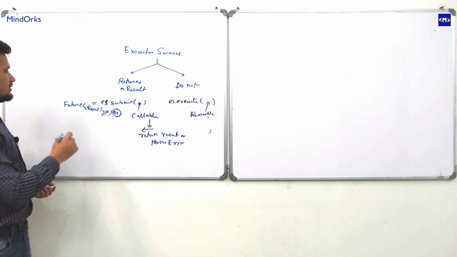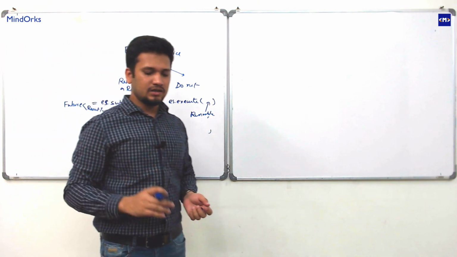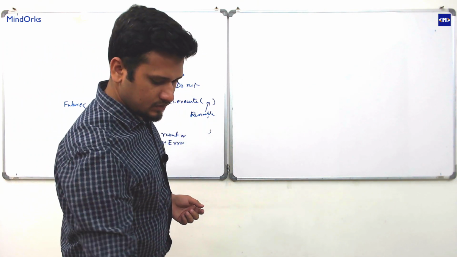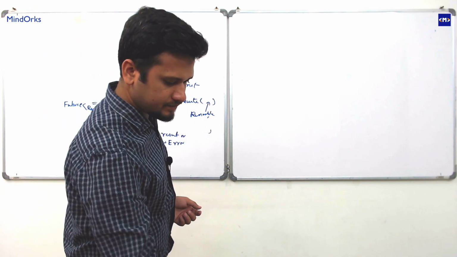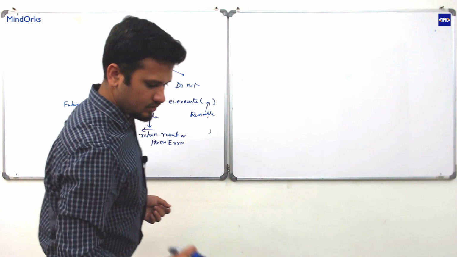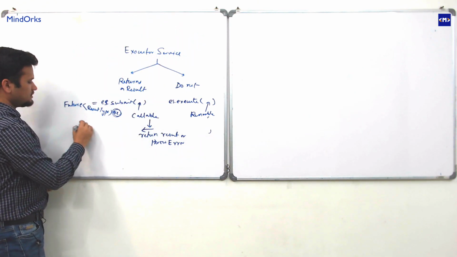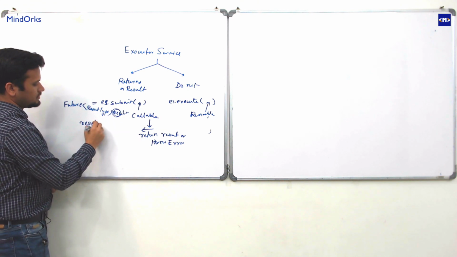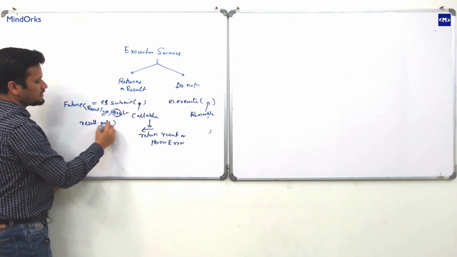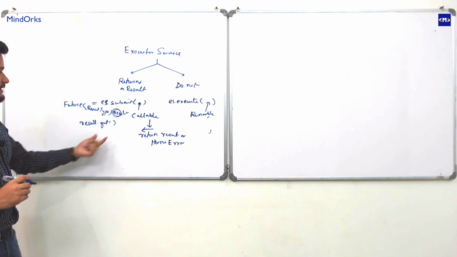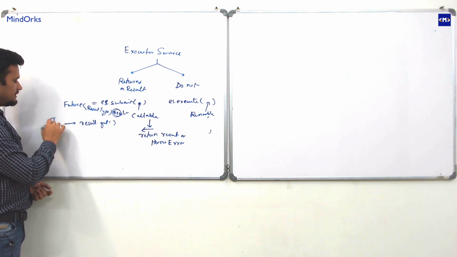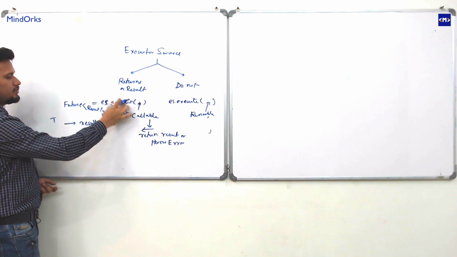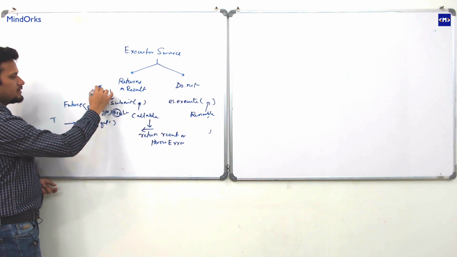So when you want to get the result, you will call result.get. Suppose you store this into the result. When you call result.get, suppose this submit was called by a thread T1.